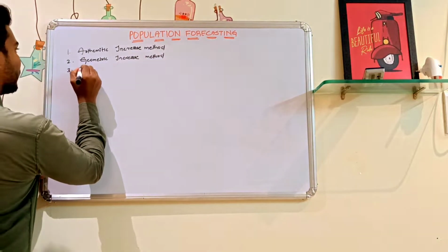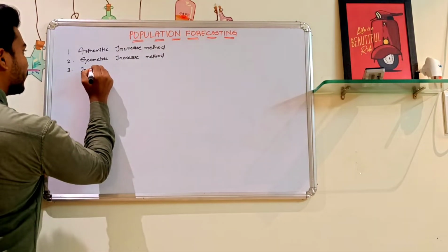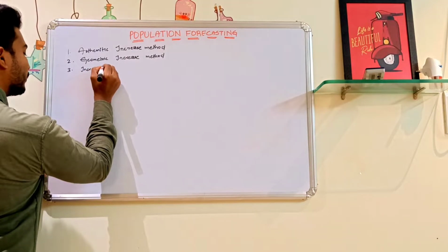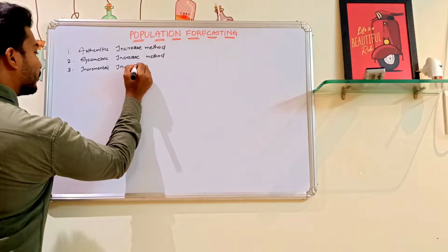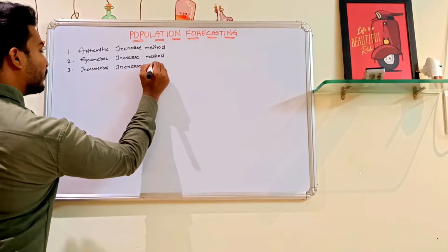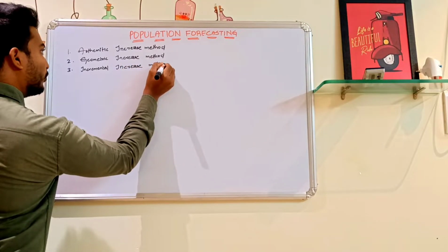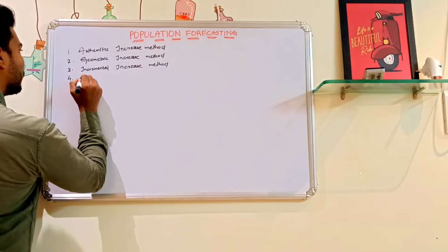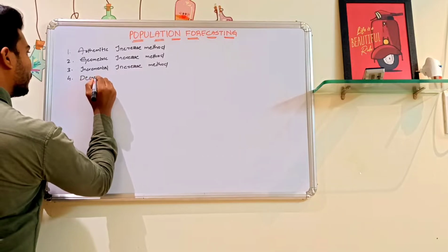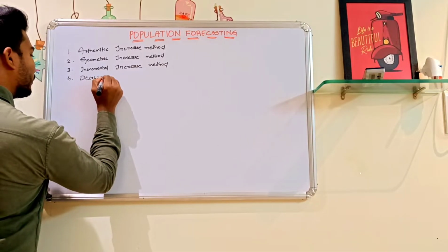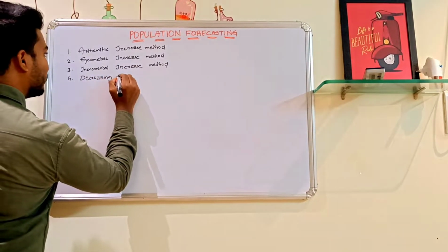The third one is the incremental increase method. The fourth one is the decreasing growth rate method.